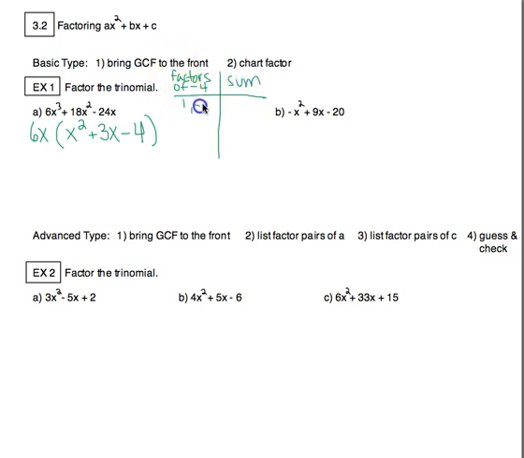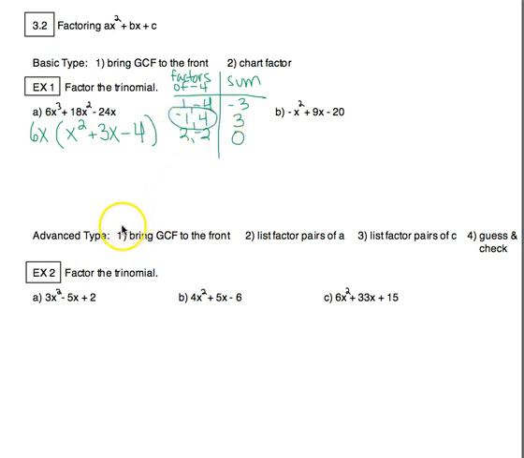So 1, negative 4, negative 1, positive 4, 2, negative 2. I don't need to switch the signs here because it gives me the same thing. And since I'm back around to the other side, I know that's it. So on the sums, I get negative 3, 3, and 0. Because my b value is 3, I want these ones.